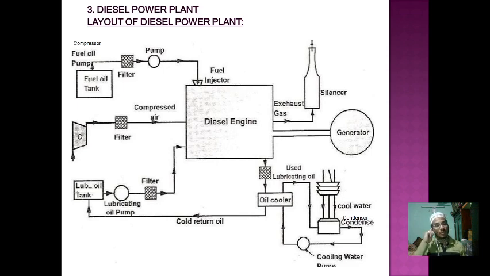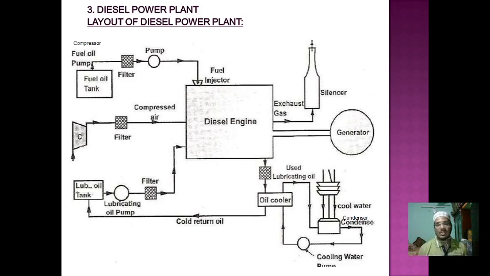That fuel, with the help of a pump or filter, goes to the diesel engine. From the head of the diesel engine, we are injecting the fuel into the combustion chamber for the compression stroke, and on the other side we are giving the air also. With these two mixed, the compression stroke is done, and then expansion is done also.